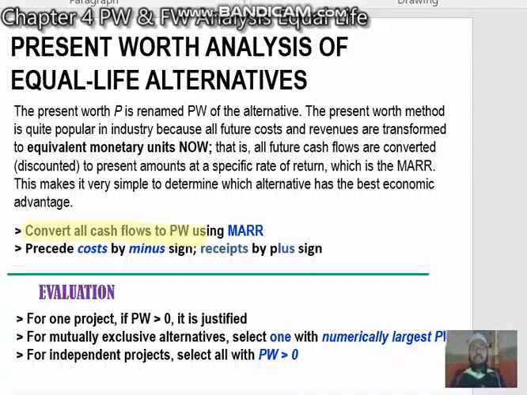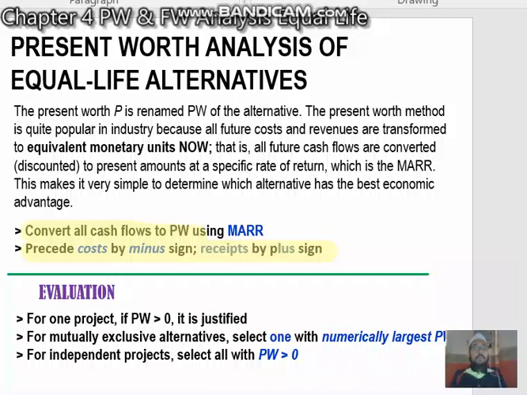Again, we must be careful with the sign. Cost, the cash outflow, with a negative sign, and receipts, the cash inflow, with a positive sign.